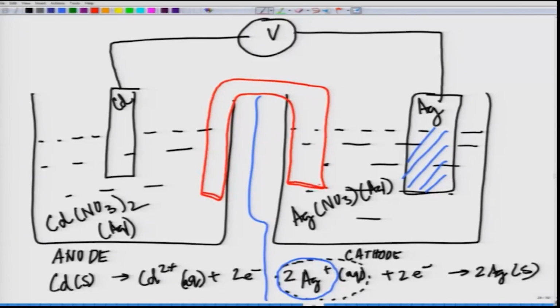This salt bridge is a very interesting concept.